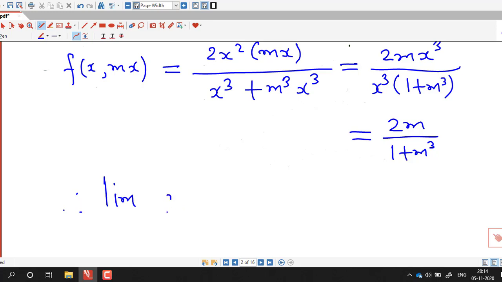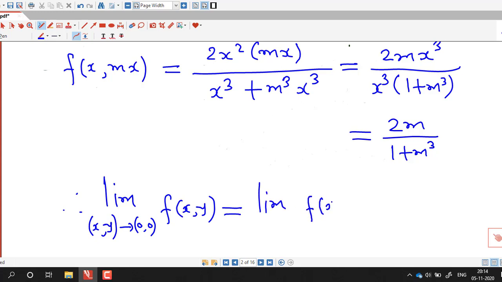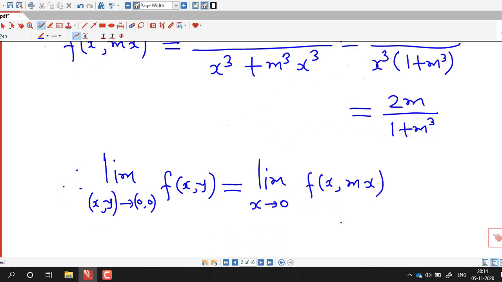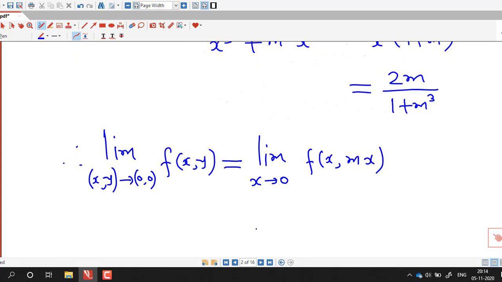So if we find out limit of f(x,y) as (x,y) approaches (0,0) along these lines, then instead of y we have to put y equal to mx, and this limit will be converted into a single limit as x tends to 0.